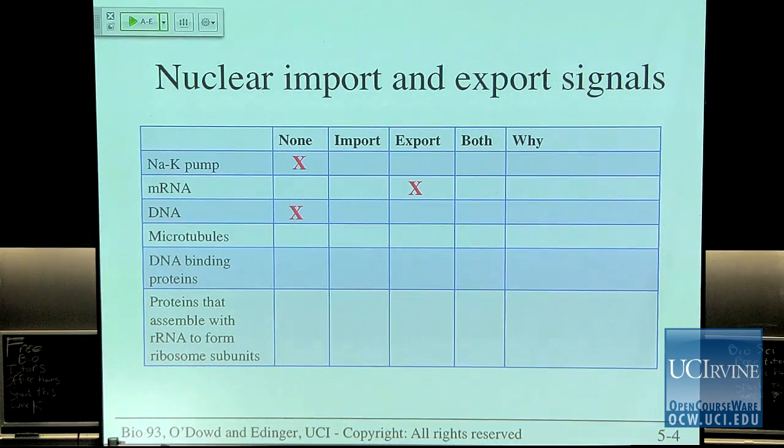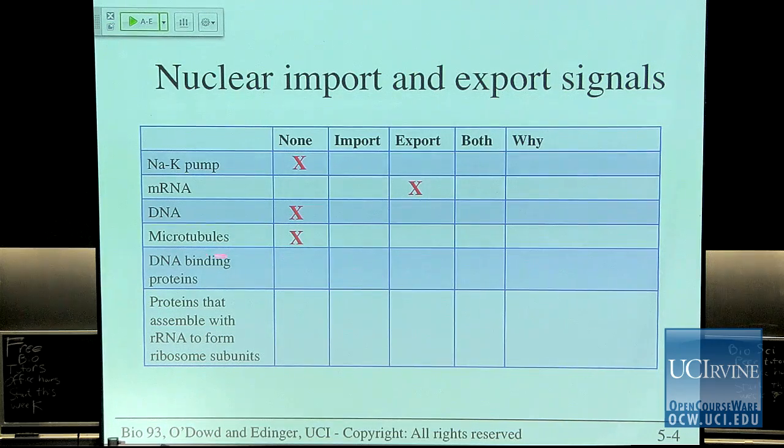Okay. Microtubules. What type of molecule is it? Protein, yeah. So where is it made? The cytoplasm, and it's a cytoplasmic protein. Okay, and so does it ever go into the nucleus? No, it doesn't need to be in the nucleus. Okay, so none. DNA binding proteins. Where are all proteins made? Okay, out in the cytoplasm.